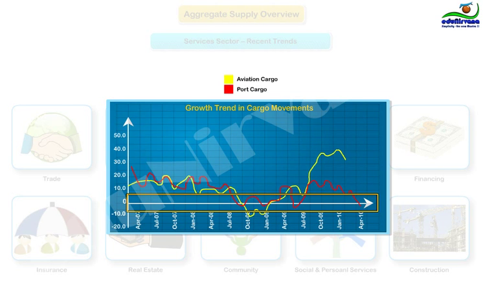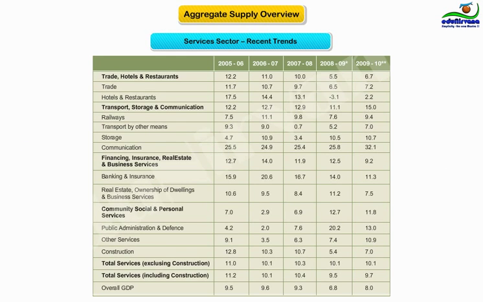The two fast-growing broad services categories are financing, insurance, real estate and business services, and transport, storage and communication. The latter overtook the former in 2009-2010 with a high growth of 15%.